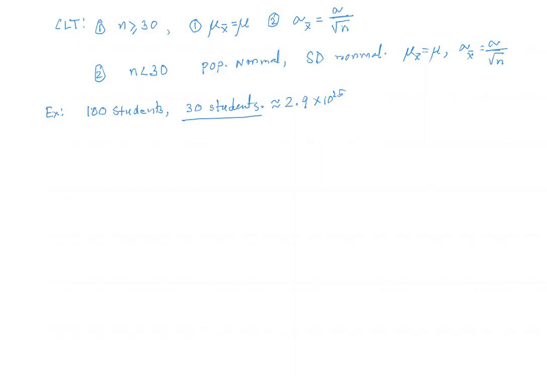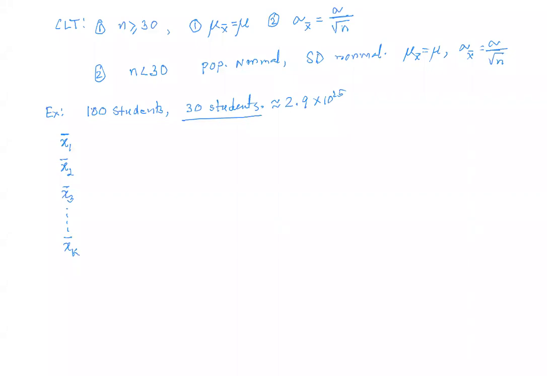Now, for each of these groups, if you were to find the average, let's say for the first group, the average is x1 bar. For the second group, the average is x2 bar. For the third group, x3 bar. And if you keep doing this, the last group, let's call it xk bar.